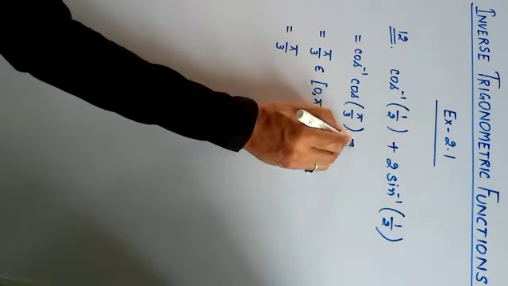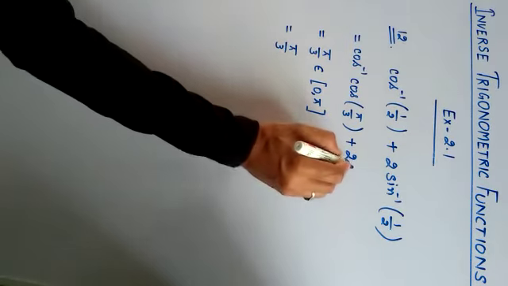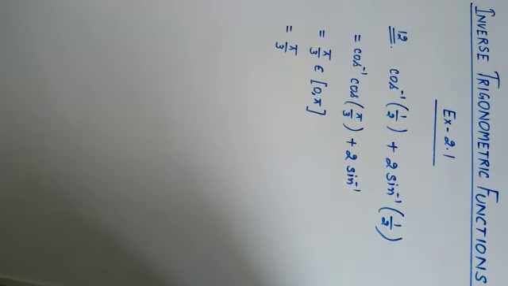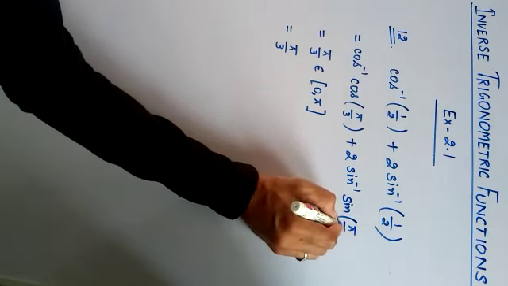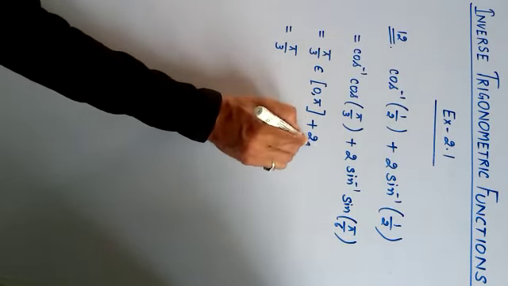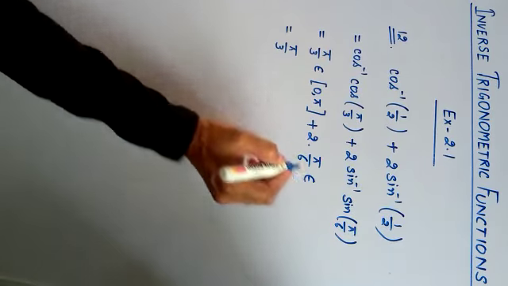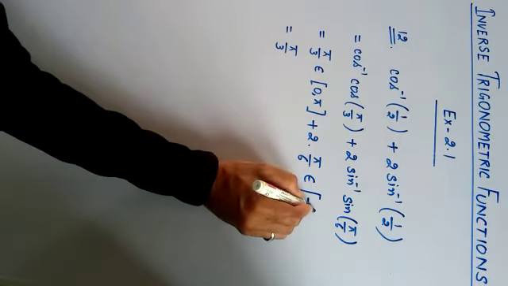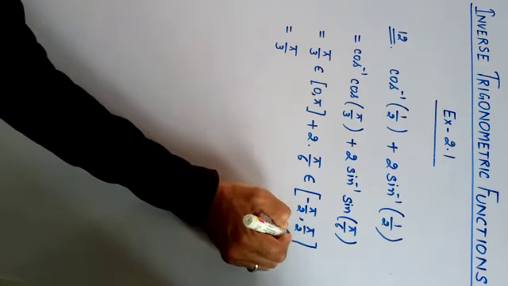Now the second half, plus 2 we will write as it is, sine inverse. Now 1 by 2 is the value of sine pi by 6. So plus 2 as it is, pi by 6, which belongs to the range of sine inverse, that is minus pi by 2 to plus pi by 2 in the closed interval.